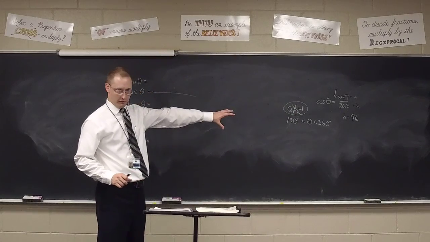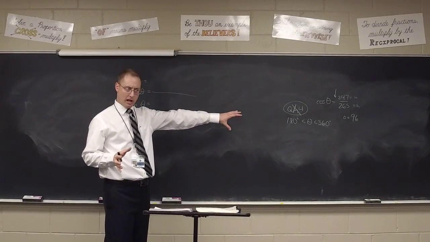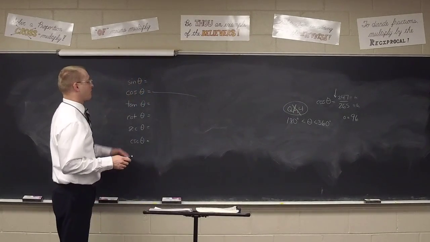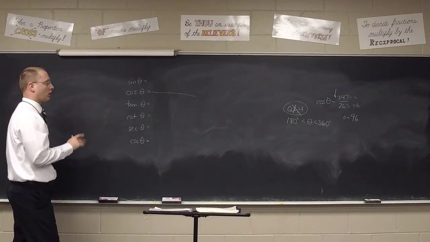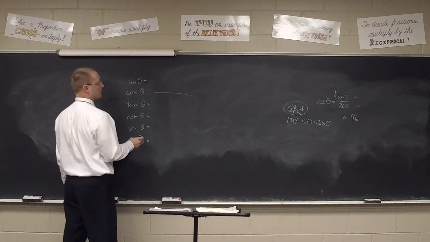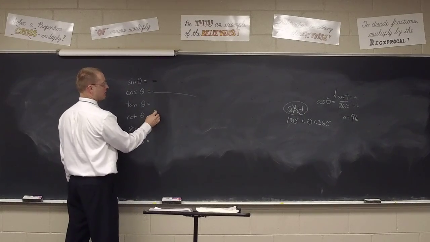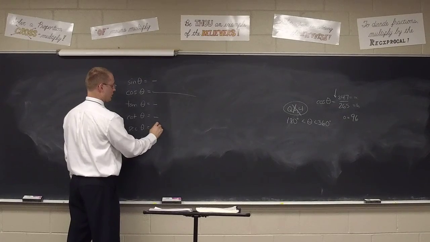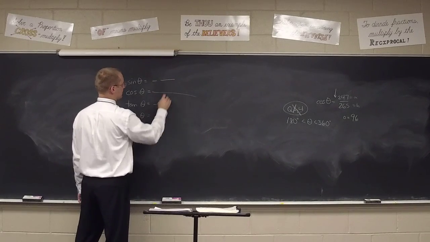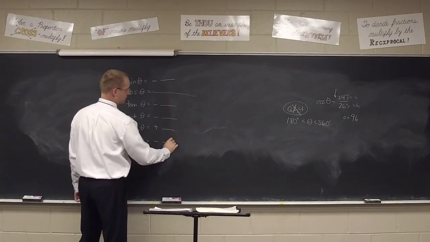Do you see how to read that information? Again, a little bit different than what we did last time. So again, we already know the cosine, but we need all the other trig ratios. If I know I'm in quadrant 4, class, I know that sine will be negative, tangent will be negative, cotangent negative, secant, and cosecant. At your seats, finish out these ratios.